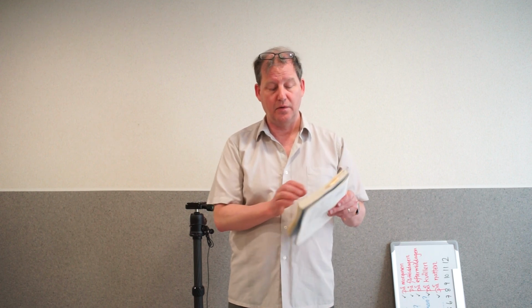Ja, hon är 6:15. Oj, redan. And the meaning is, excuse me, do you have the time? Do you have a watch? Yes, she is 6:45. And then the response, oj, redan means, oh, already.